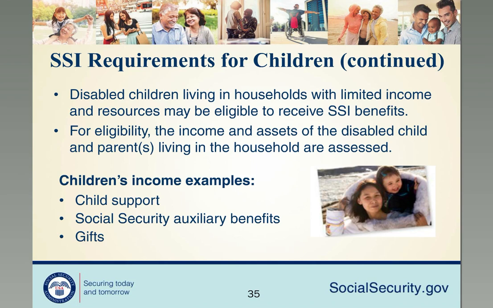So if a child is getting income or just living with their parents, we're going to take into account the parent's income when seeing if the individual is eligible. Some different incomes that could be considered are child support, Social Security payments, gifts, and other things like that. And of course, if the parents are working, some of that income from the parents' work would also be considered going to the support of the child.